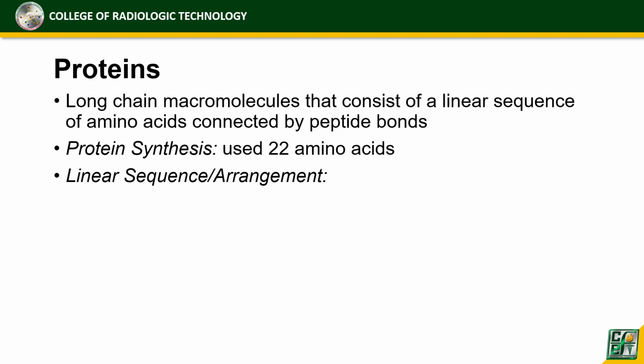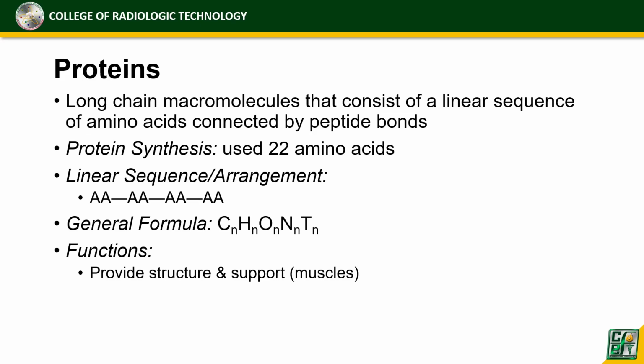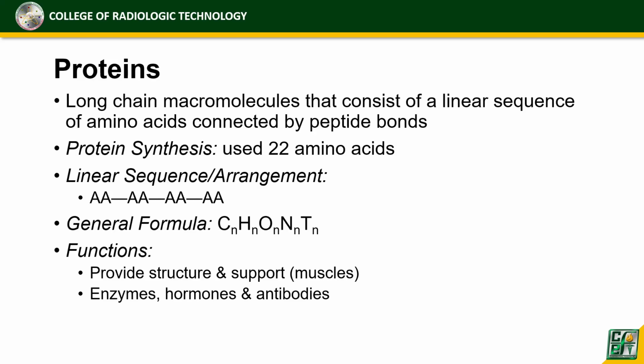Okay, when we break down proteins, they can be broken down into amino acids. Okay? So this is the linear sequence or arrangement ng proteins. So siya ay long linear sequence, so meaning in a linear form. Okay, so amino acids, then peptide bond, then amino acids, peptide bond again, another amino acid, peptide, and so on.